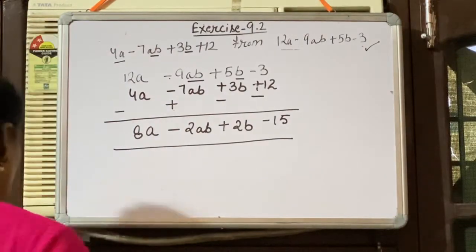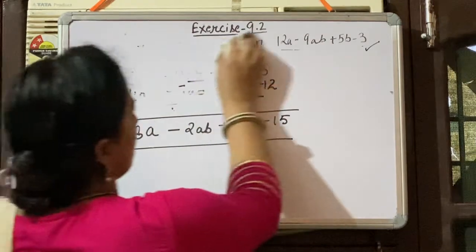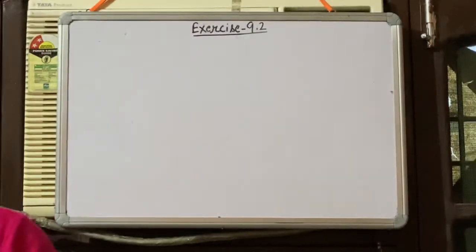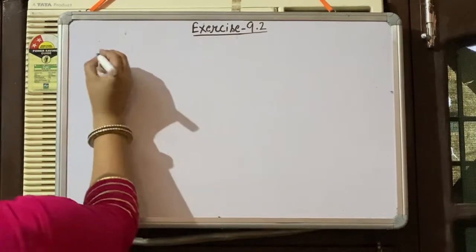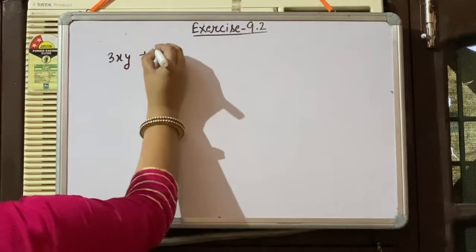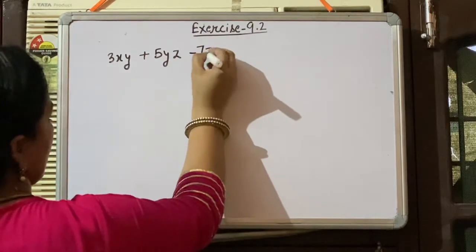Let's do one more question. The statement is 3xy plus 5yz minus 7zx.